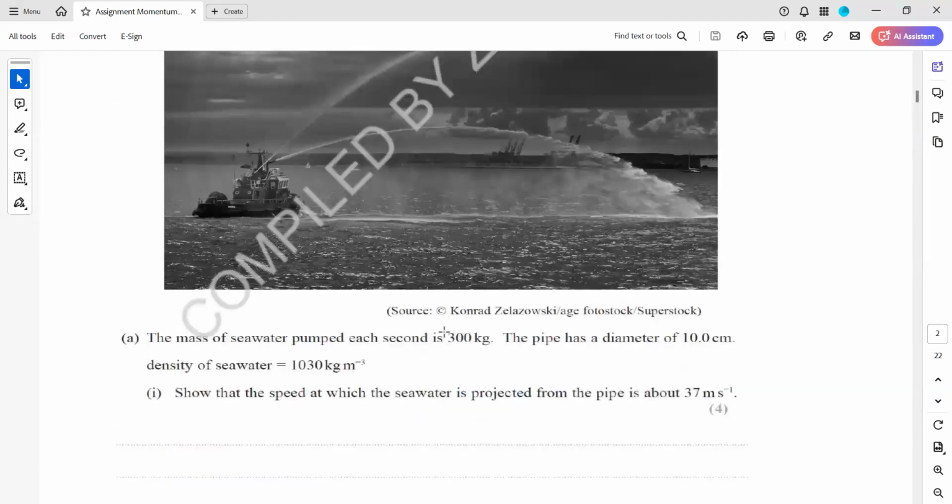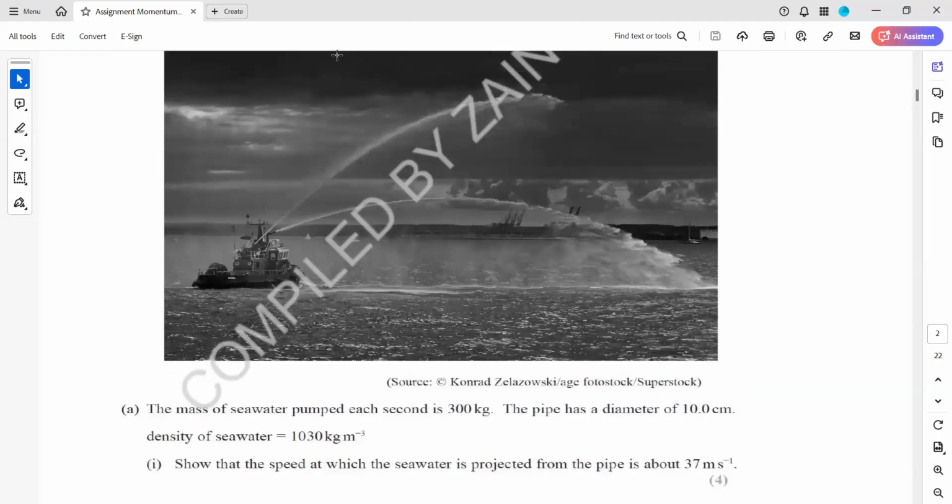So what will happen? For example, say this is a fireboat which is moving at a constant speed in this direction, initially when the pump was off. Then, when the pump is on, the fireboat slows down to a lower constant speed. So what actually happened?